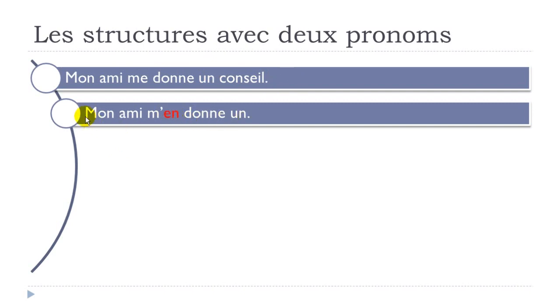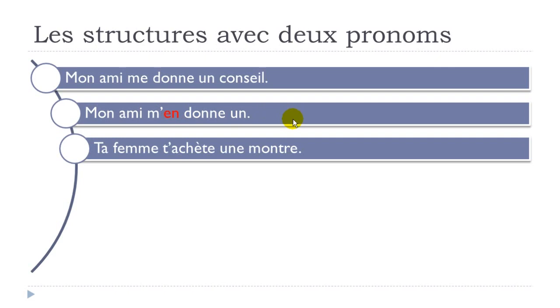So, mon ami, me should be in the first position, and then en should come right after, and then the verb. But then me, and en starting with a vowel as well, so the e should go away. That's the reason why you will have this m', so m'en donne un.